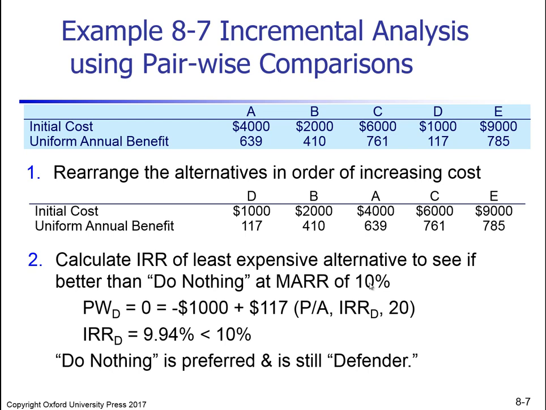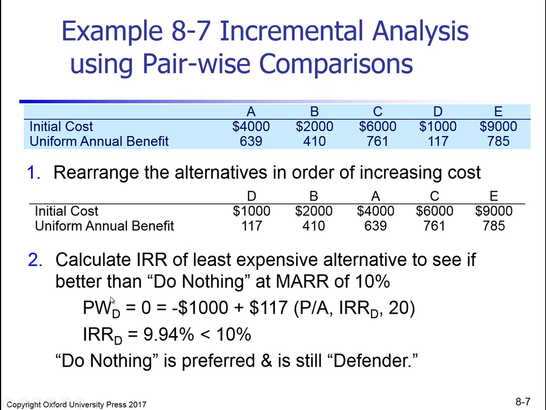In this case, we're going to use MARR. If we don't have an interest rate that's at least 10%, that is our minimum attractive rate of return, then we may as well do nothing. We're going to say that it's not an attractive alternative unless we can get at least 10%.